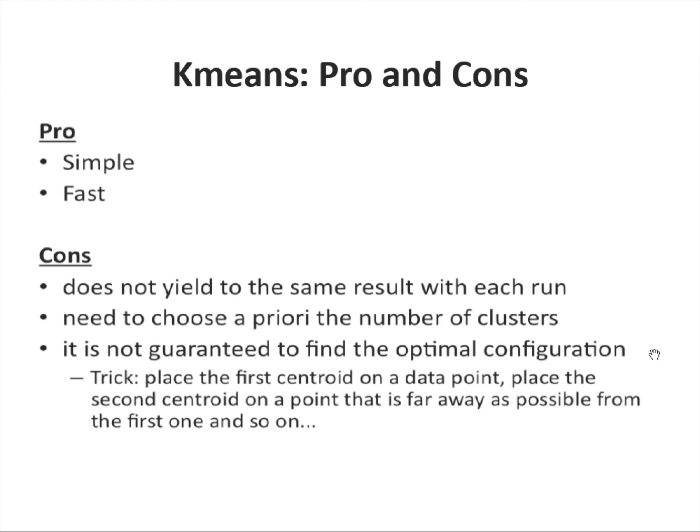Some people have done some work to shoehorn k-means around this problem. If you choose your first centroid on a data point, and then you find another data point that's as far away as possible from that initial data point, and put your second centroid there, and so on until you get up to k centroids, that type of broad range of centroids, if they cover your data well, will help it find the true underlying structure in the cluster.